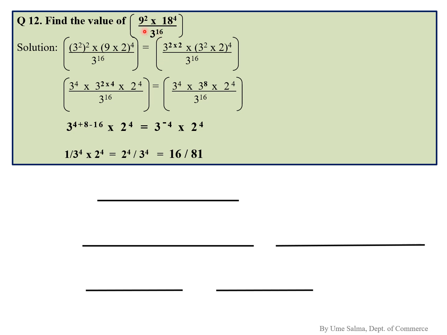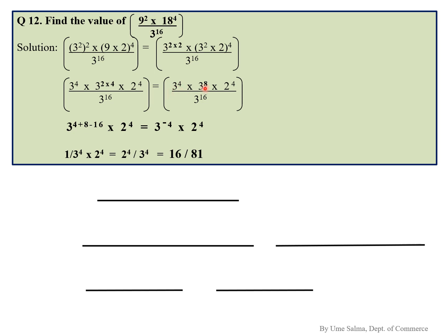As you can observe in these 4 different terms, 3 are having common bases: 3 to the power 4, 3 to the power 8 and 3 to the power 16. All these 3 have 3 as the common base, so you can solve these 3. Now the only thing you have to observe is that this is multiplication and this 3 to the power 16 is getting divided here.